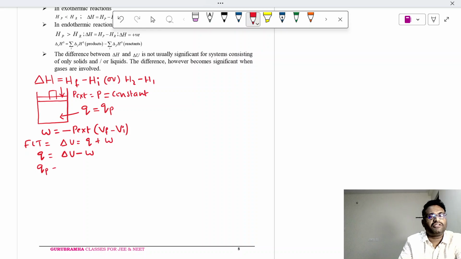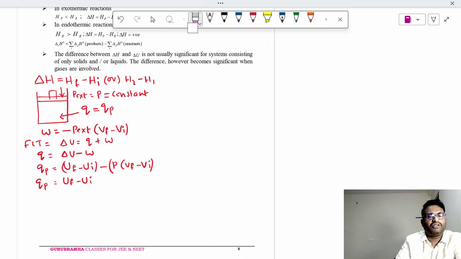So QP is equal to delta U, which is U final minus U initial, minus work done, which is minus P into V final minus V initial. Then QP is equal to U final minus U initial. Here again we have work done as minus P, right? So then what do we have?